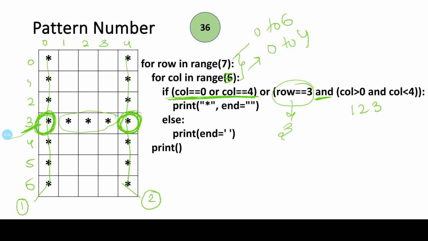It should not be 0 and 4. So it clearly says that the column value should be greater than 0 and less than 4. And then we have our print statements, and it says if the condition is true, draw the stars, else draw the space and then change the line.